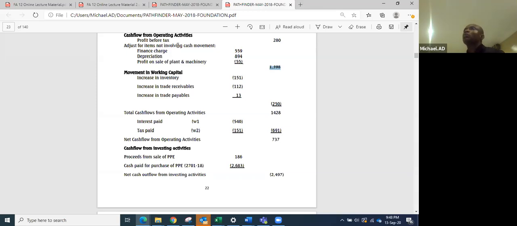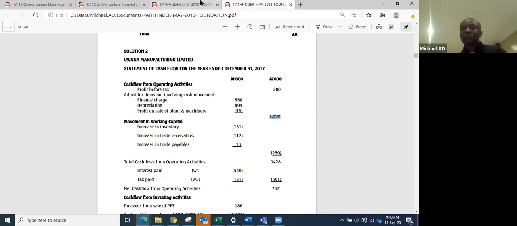If the 2018 figure is more than the 2019 figure, the difference between them, as long as they are for trade receivables or inventory, you add it. But if the 2018 figure is less than the 2019 figure and they are for inventory or trade receivables, you less it.